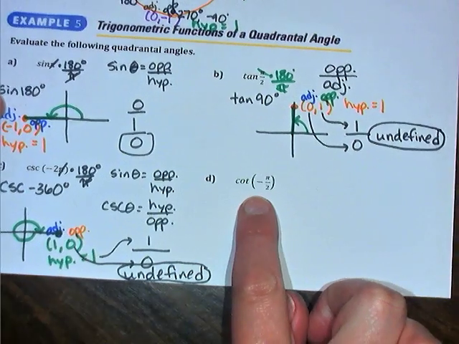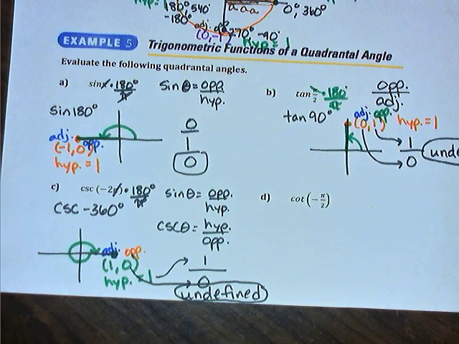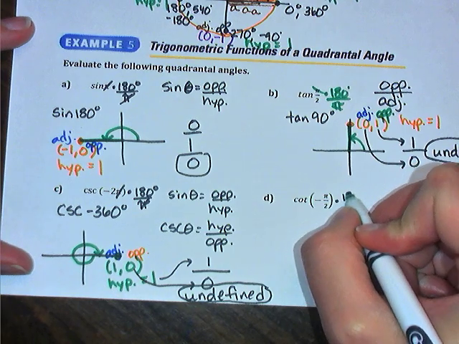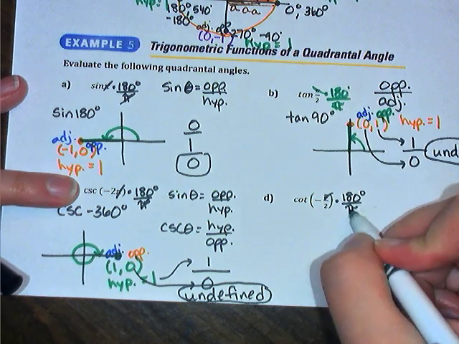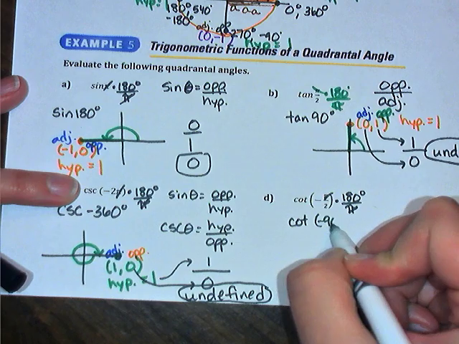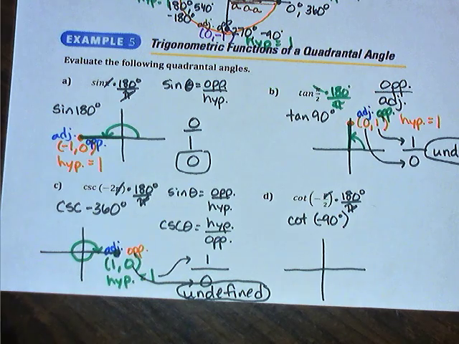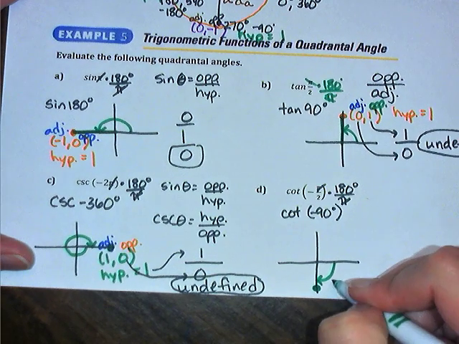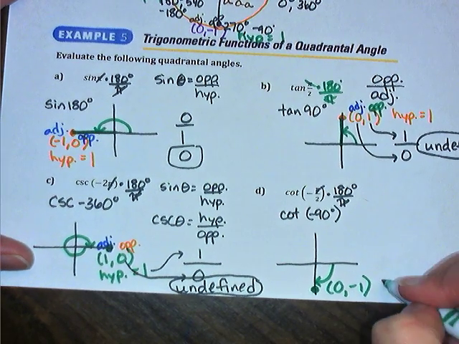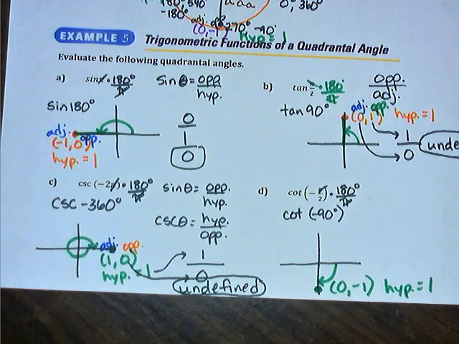How about cotangent of negative pi over 2? Well, what's negative pi over 2? You'll get used to doing these, but that's negative 90 degrees. So we're going to do cotangent of negative 90 degrees. So right down here. What is that point? 0, negative 1. What's the hypotenuse? Every quadrantal angle has a radius or hypotenuse of 1. Technically, it's not a hypotenuse because you don't have a triangle.